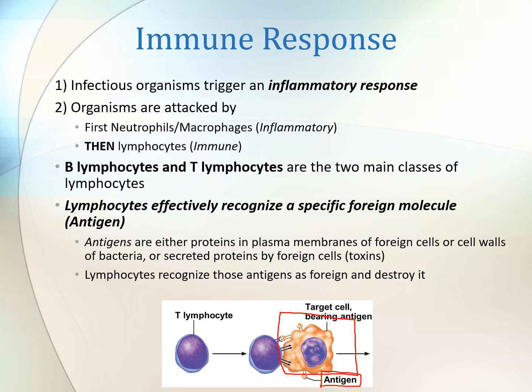It's kind of like a flag that says what it is, okay? The lymphocytes are able to recognize those little flags, those little antigens, and essentially say, hey, you're a bad guy, and I'm going to destroy you. Okay, so that is how these lymphocytes work. We'll talk a little bit more about that as well.